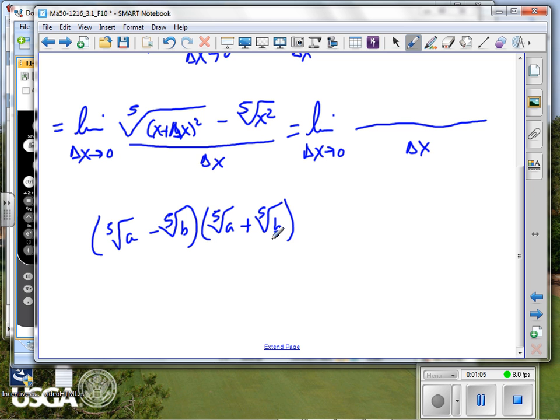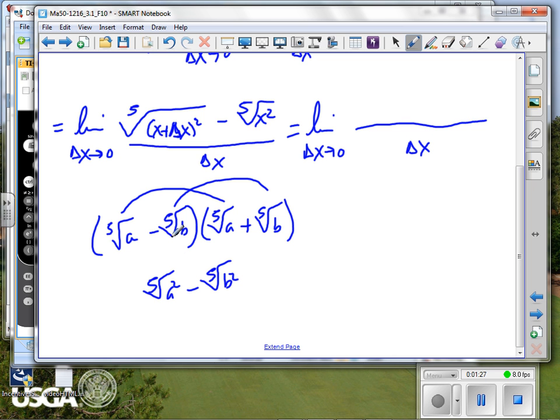To make the numerator rational, which means we don't have any more radicals in it. But if I multiply those together, I get the fifth root of a squared. If I multiply these, I get minus the fifth root of b squared. Have I really taken away the radicals? No. So we've got to be real careful.